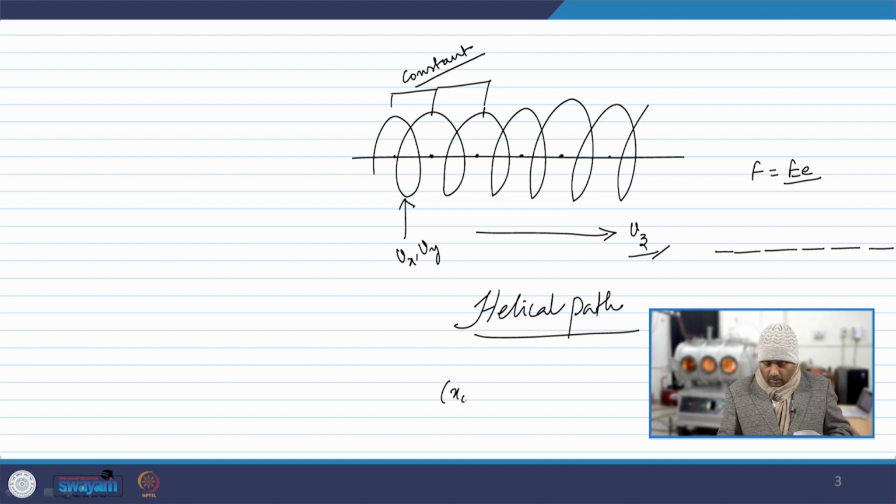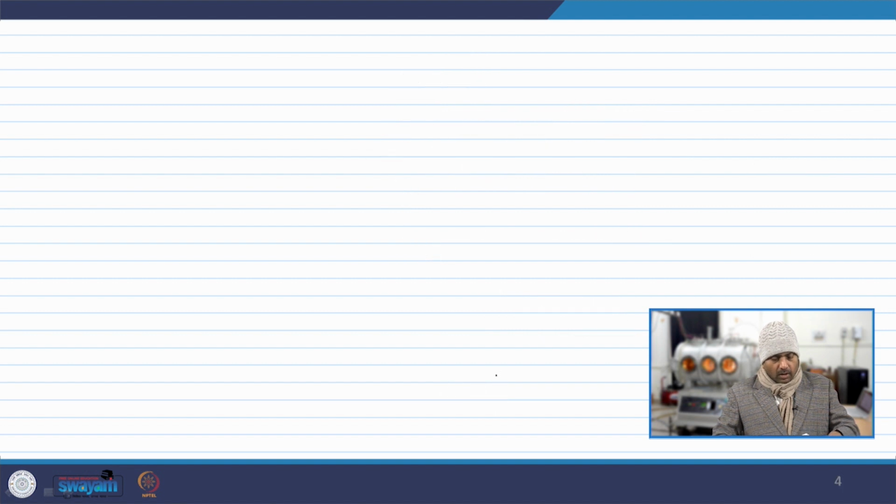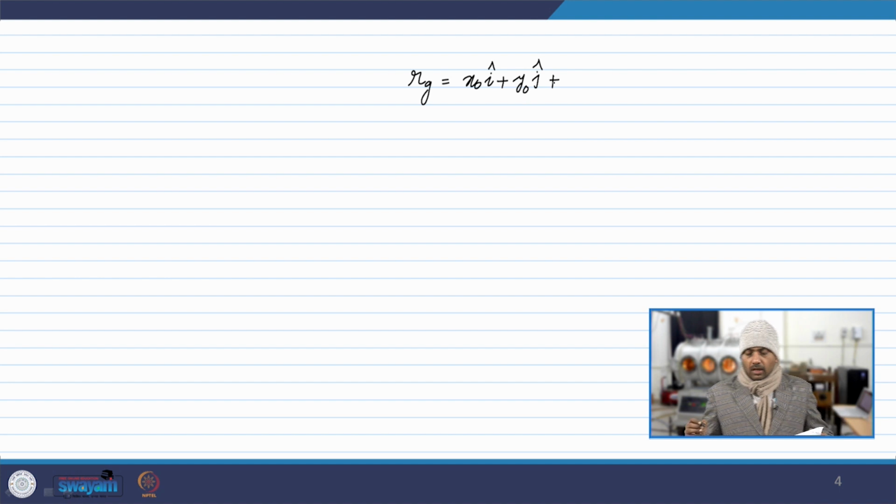Now, about x0, y0, which is the guiding center, let us say. Using x0, y0, we can write the position of the guiding center, because the guiding center is also moving, right. So, the position of the guiding center can be written as Rg equals x0 along i cap plus y0 along j cap plus, you see, the linear motion of the particle is not in the direction of x nor in the direction of y, it is in the direction of z, right.